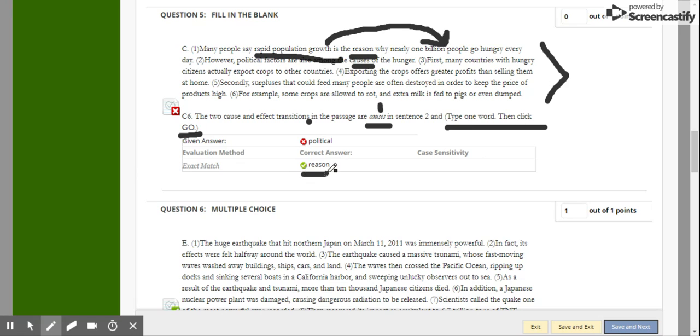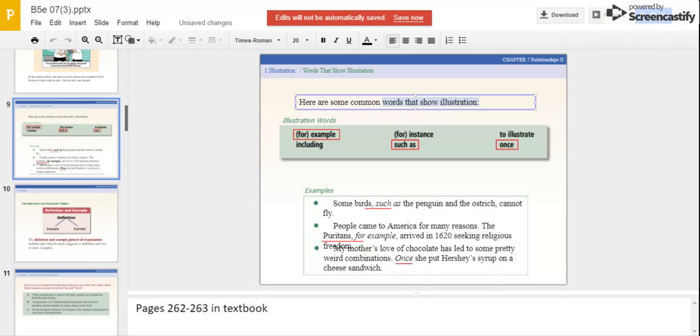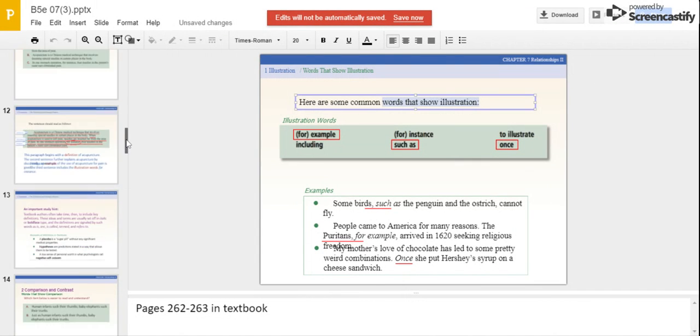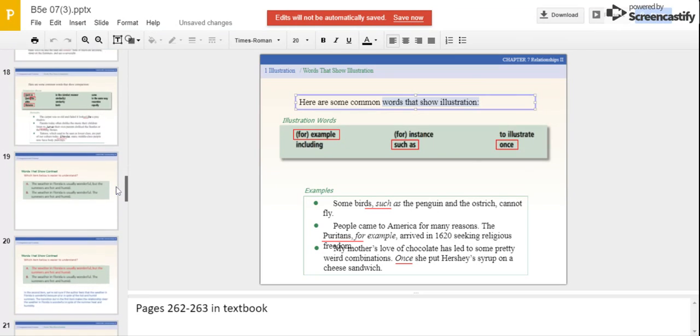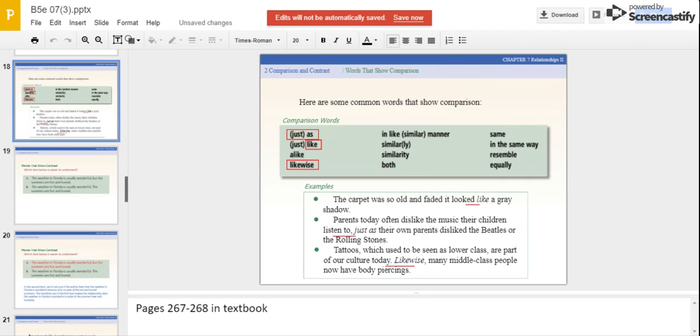Now, how could you know that reason was an option? Well, hopefully you studied these words in 10 Steps, and they're found in these green boxes. For example, here we see the ones that show illustration. If you scroll down through the PowerPoint presentation, you'll find the ones that show comparison.